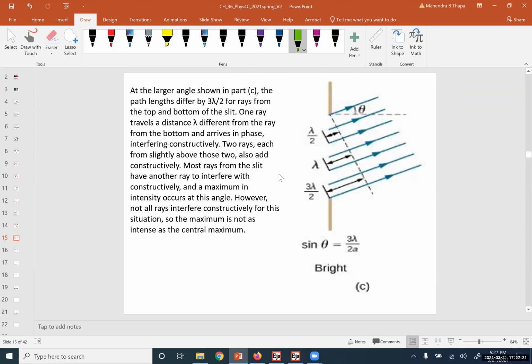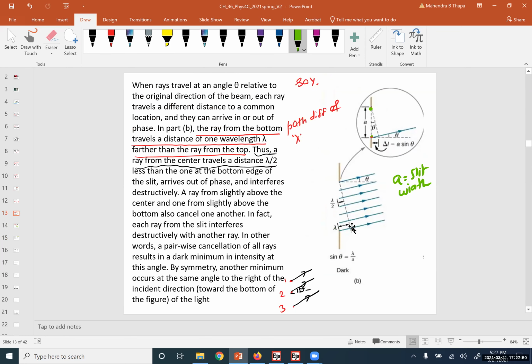Next, consider the case. I'm considering these two points. Now consider the path difference, in this case 3 lambda over 2. Be careful that in this case, the path difference between the wave emitting from this point and the bottom point is equal to this value, lambda.